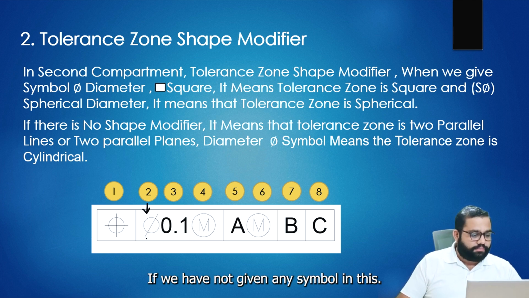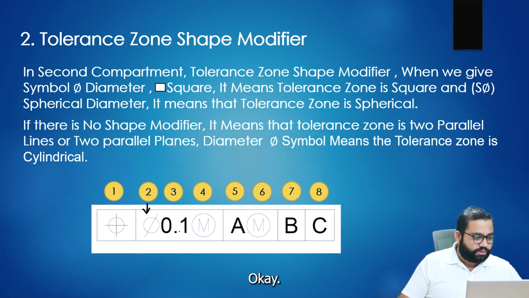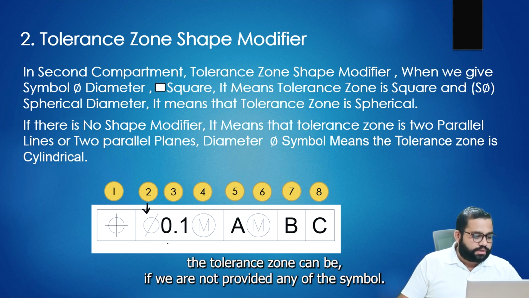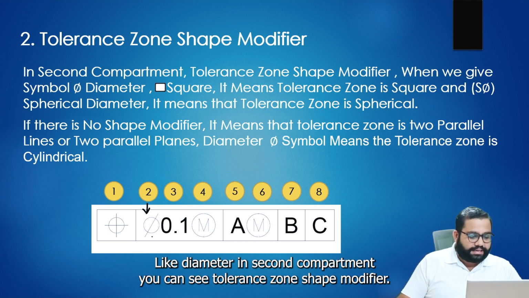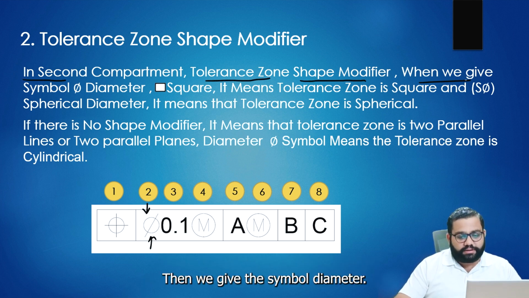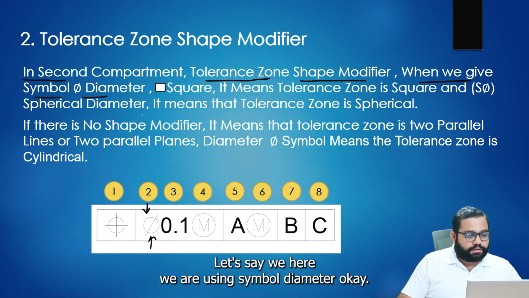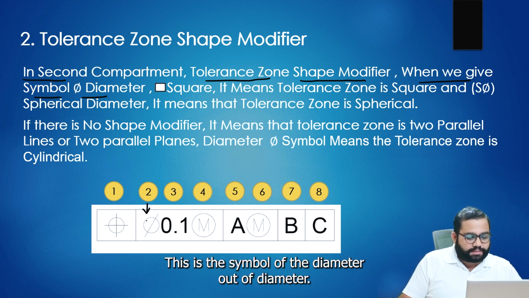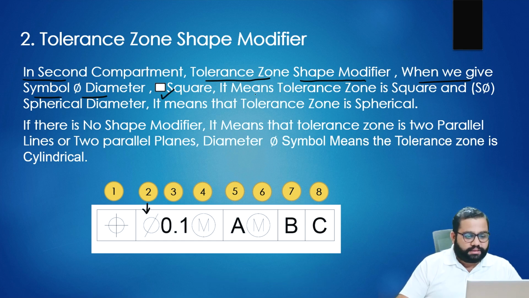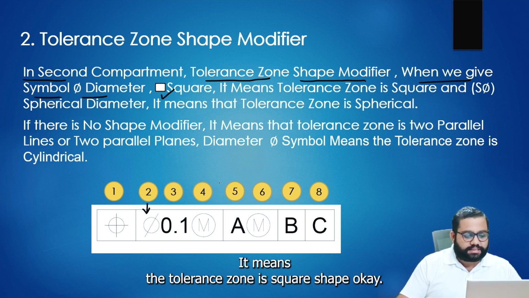If we have not given any symbol in this, then the tolerance zone is different. In the second compartment, you can see the tolerance zone shape modifier. When we give the symbol diameter, let's say we are using the diameter symbol, or instead of diameter, we can also use square. It means the tolerance zone is square shaped.